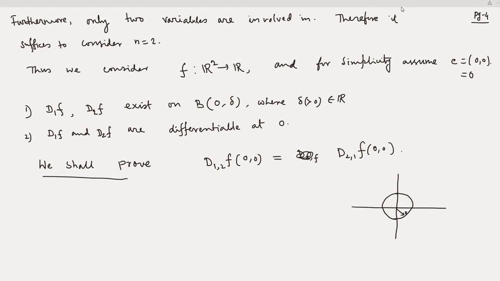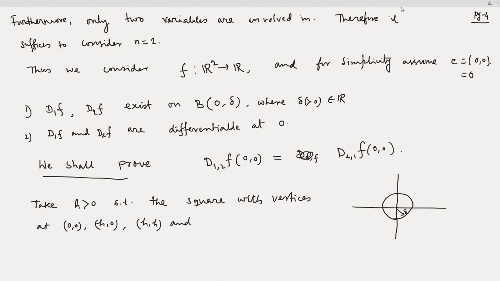Now take some h greater than 0 such that the square with vertices at (0, 0), (h, 0), (h, h), and (0, h) is contained in B(0, delta).